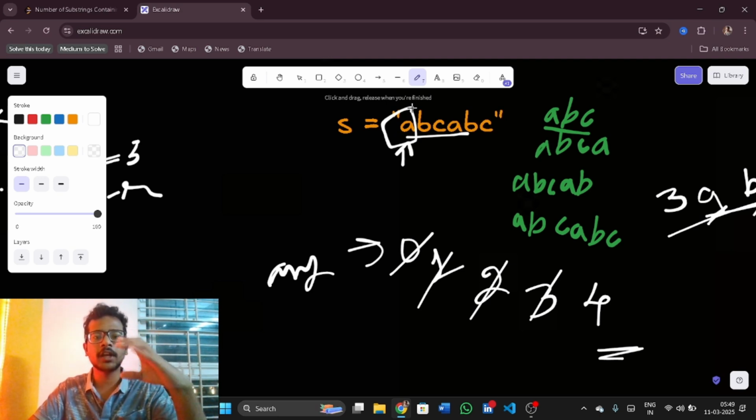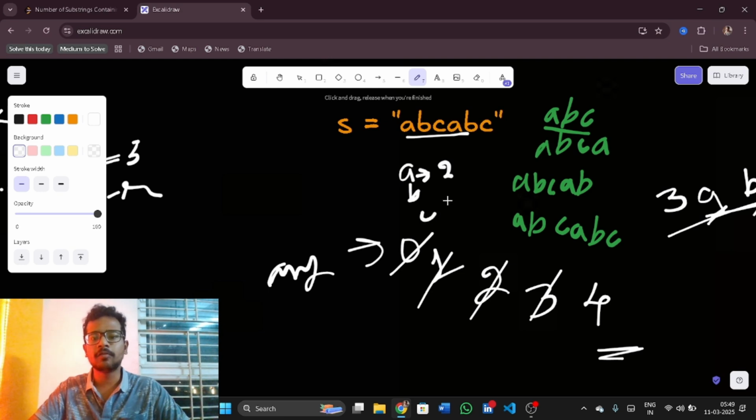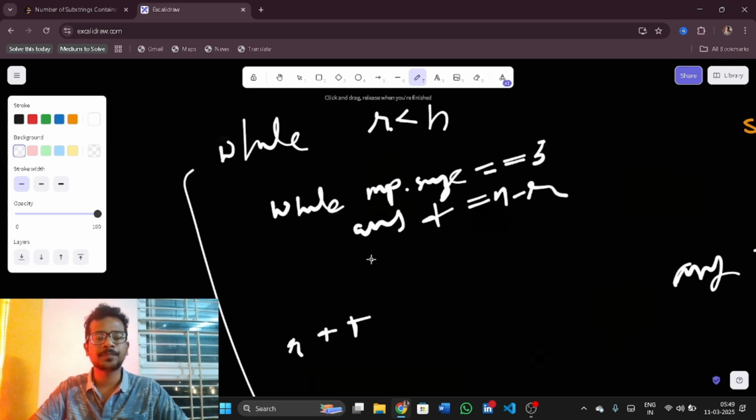The frequency of A should be decremented, because A will be 2 and B will be 1 and C will also be 1. But after incrementing my left pointer, it will become something like this and A should be 1. So that's why MP of S of L should be decremented, right?